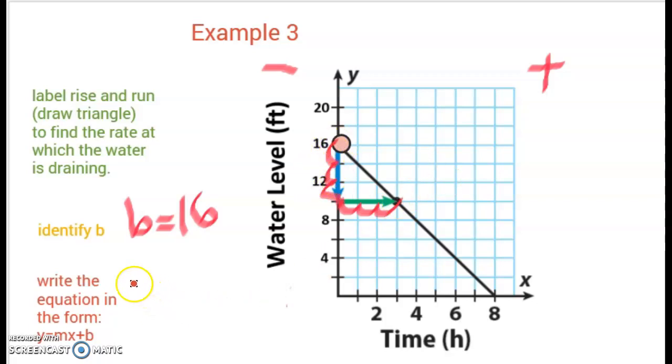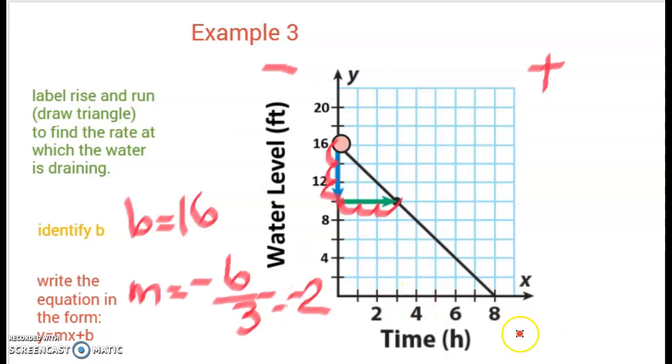So really my slope is -6 because my line is negative, over 3 because my x-axis is still just counting by ones. Okay, so if I simplify that, I get -2. So when we write our equation, y equals -2x plus 16.